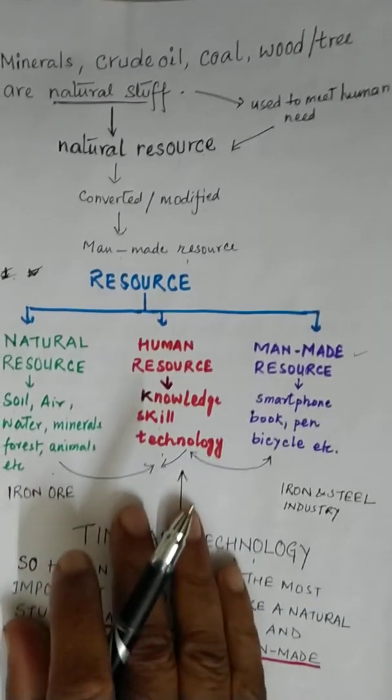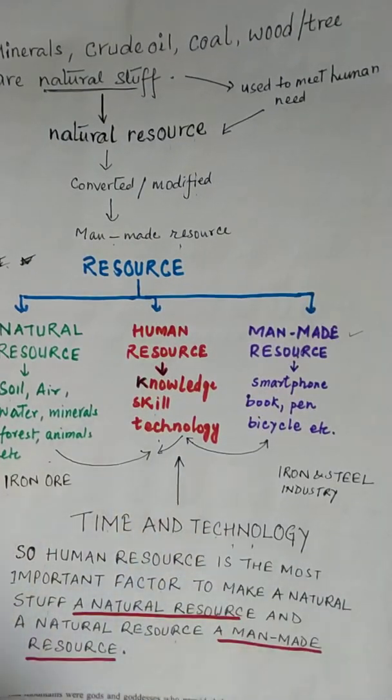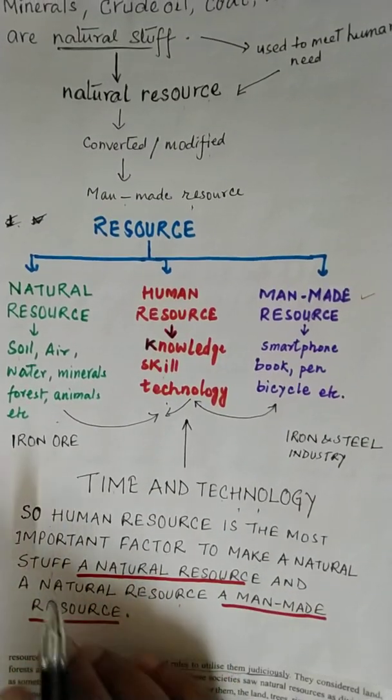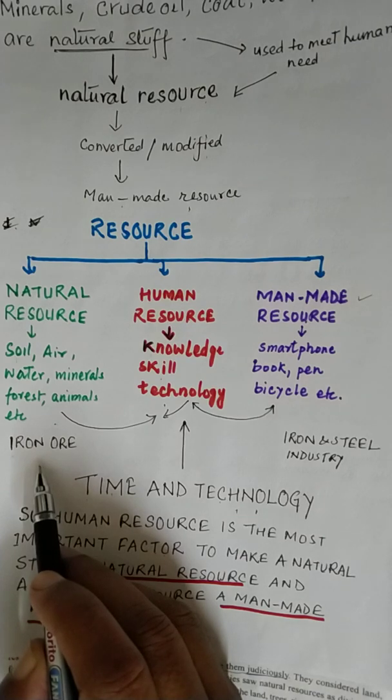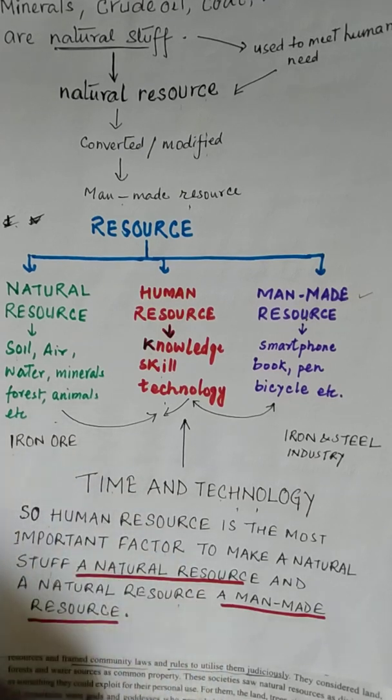But students, it takes a lot of time and technology because it doesn't happen overnight. For example, the iron ore existed in nature since the existence of the earth. But it took millions of years to convert it into iron and steel, because there was no technology, no knowledge and no skill.